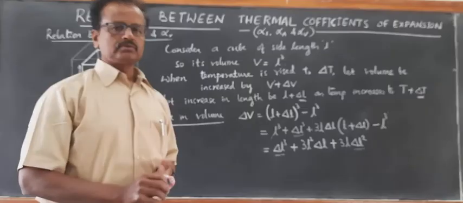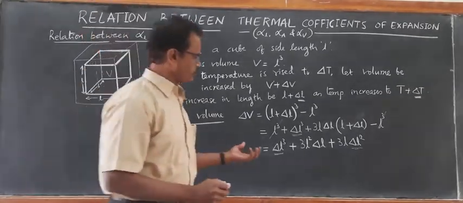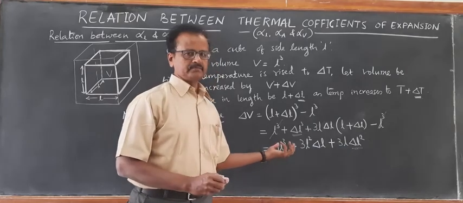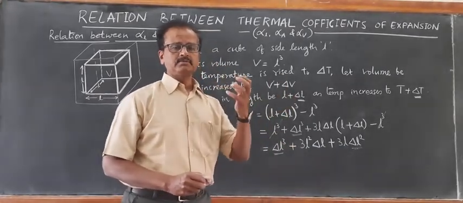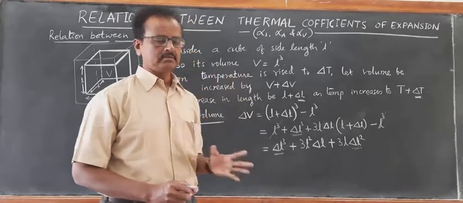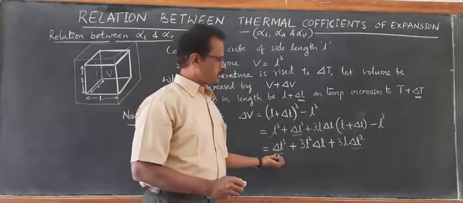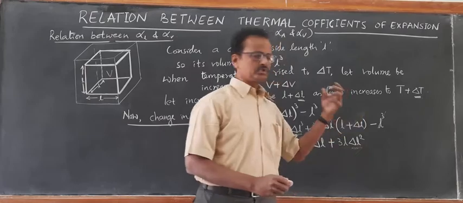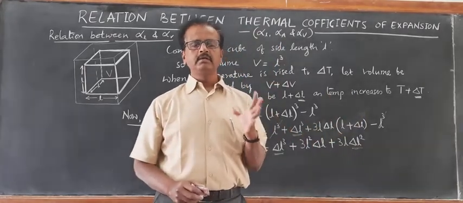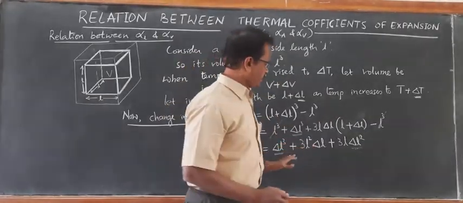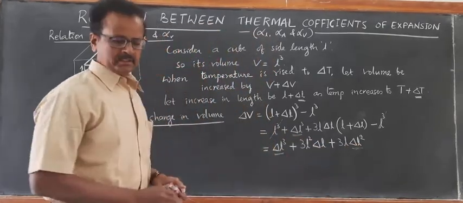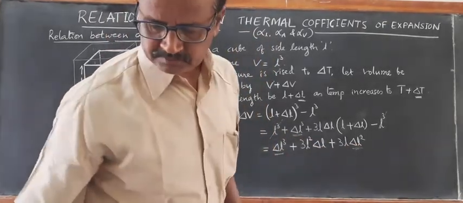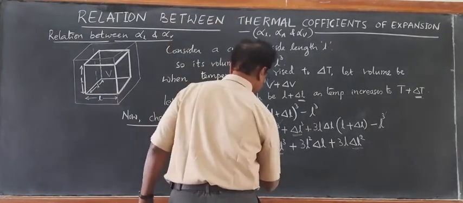When you cube that fraction, it becomes a still smaller decimal, which is negligible. Similarly, delta L square is also a small decimal. So neglecting delta L square and delta L cube, we are left with 3L square delta L.